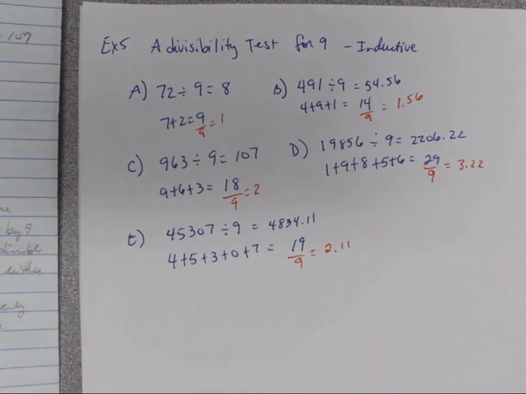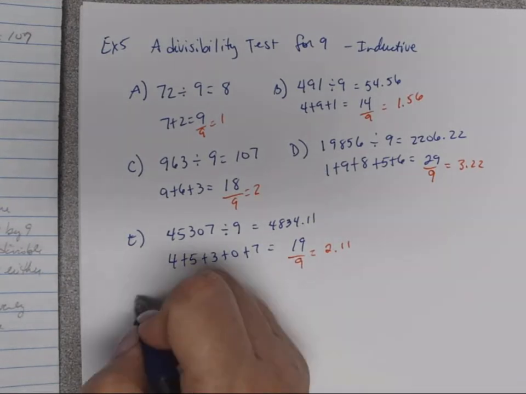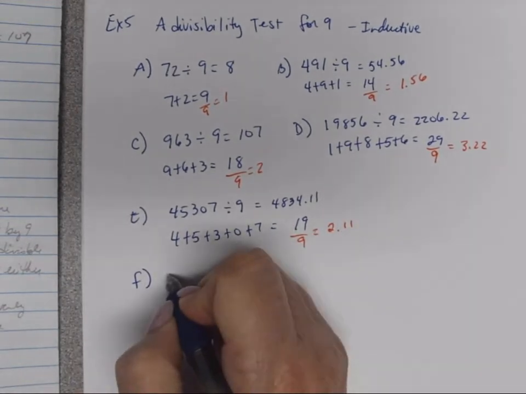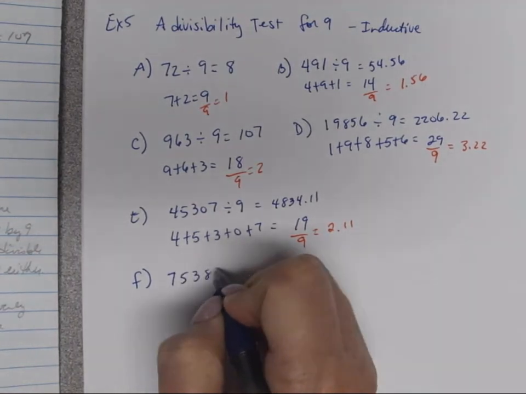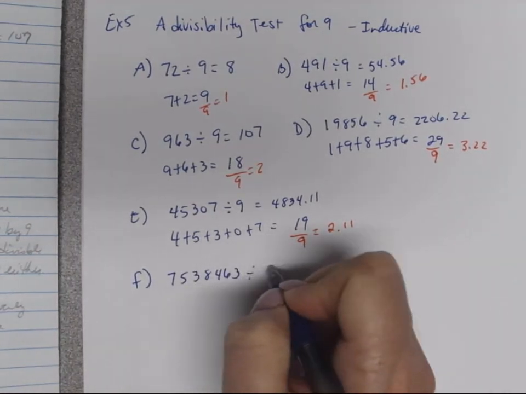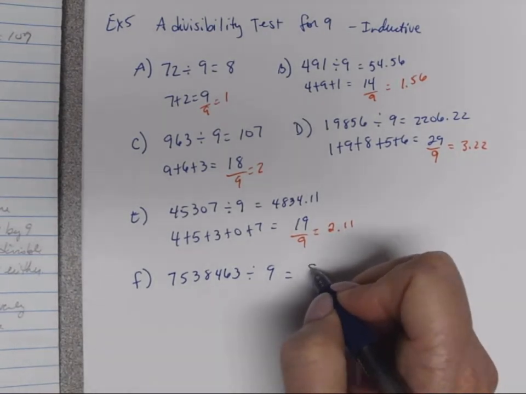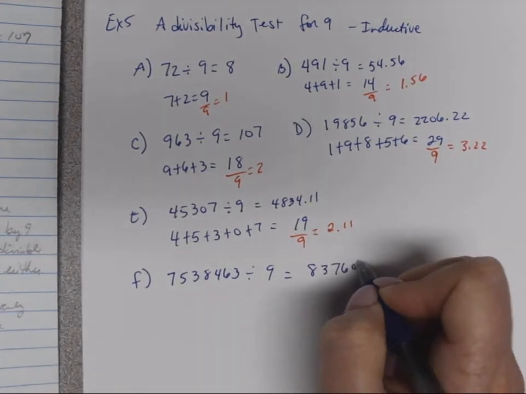So let's look at another one that's really big. Let's do example F. So if we do example F, let's see if we think it will divide by 9. So 7538463 divided by 9. Well, if we divide that using the calculator, we get 837607.